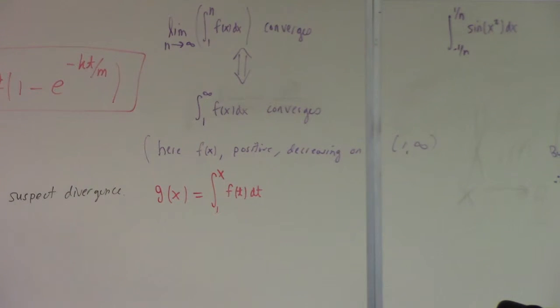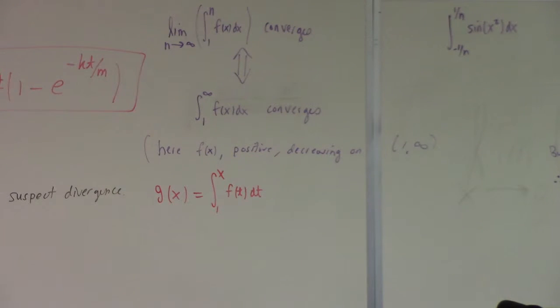That's the area function of f, right? So we're really asking if the limit of the area function as x goes to infinity converges. Is that true if and only if the sequential limit of the area function converges? Are those equivalent, right?